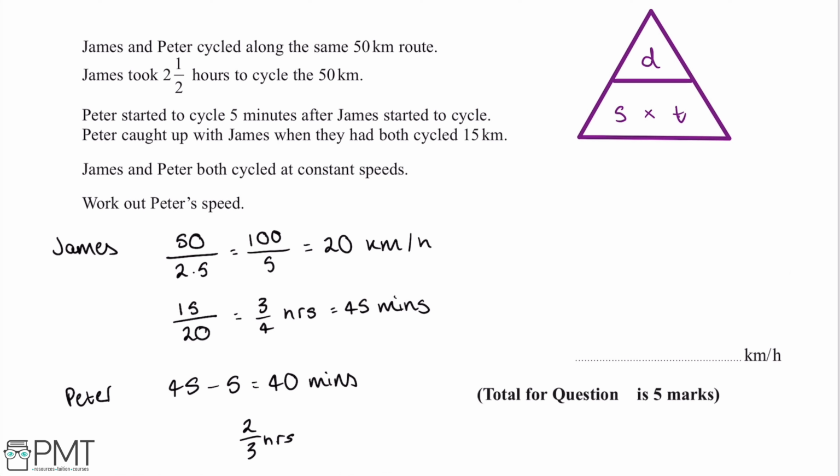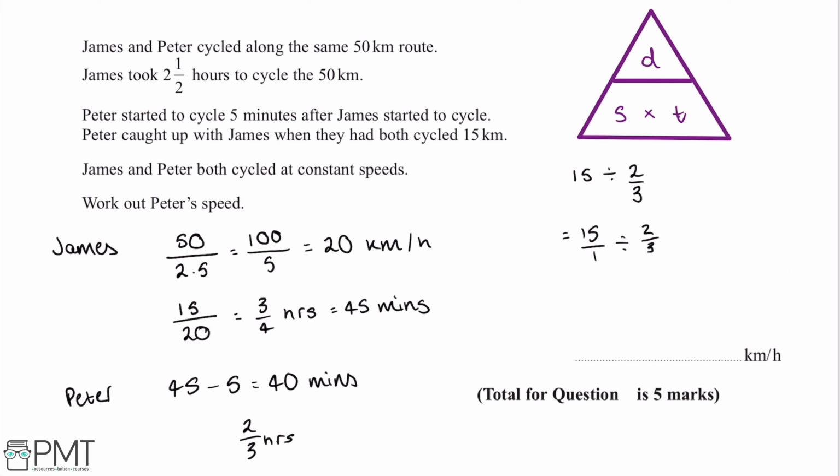So in order to work out speed, we do distance divided by time. So our distance is 15 kilometres, and then our time is 2/3 of an hour. Now we can rewrite 15 as 15 over 1 divided by 2 over 3.